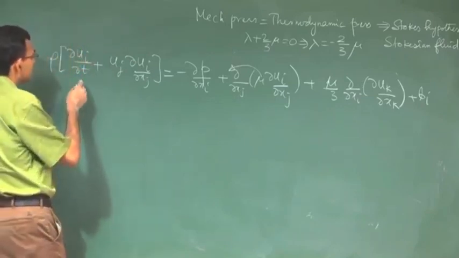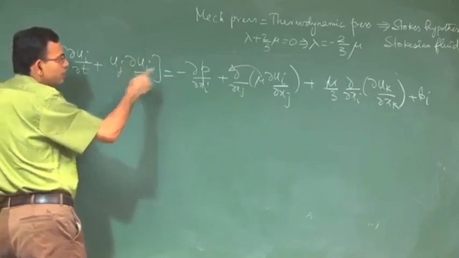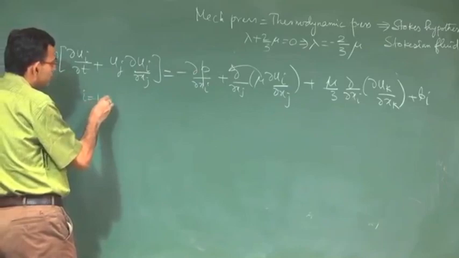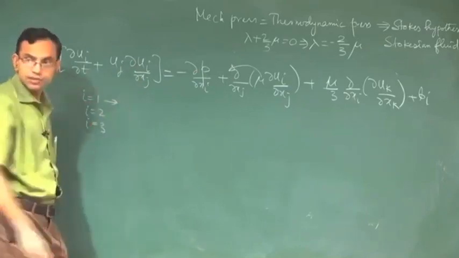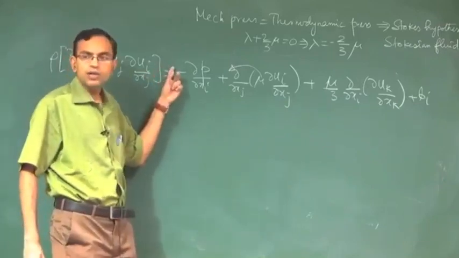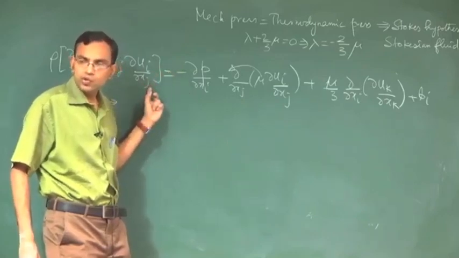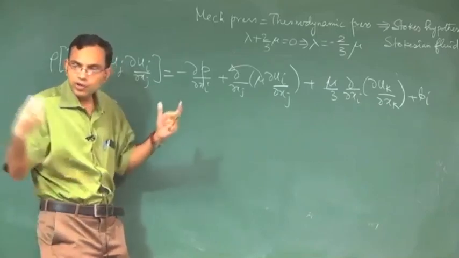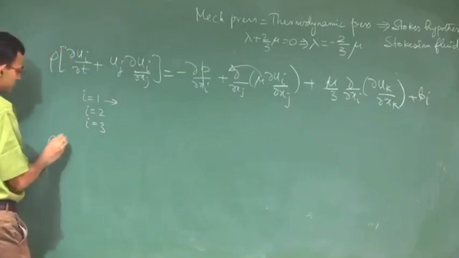So, this is the ith component. You can write i equal to 1, i equal to 2 and i equal to 3, 3 such equations. Multiply the i equal to 1 with unit vector along x1, i equal to 2 with unit vector along x2 and i equal to 3 with unit vector along x3 and vectorially add that. So, then what will it become?